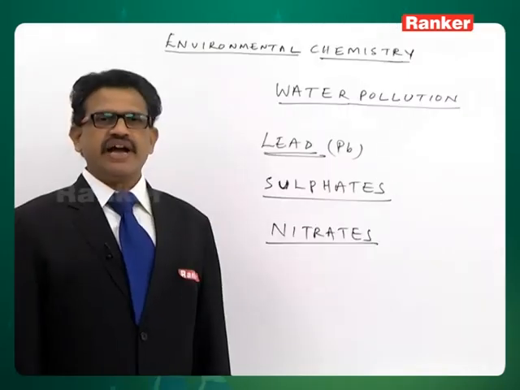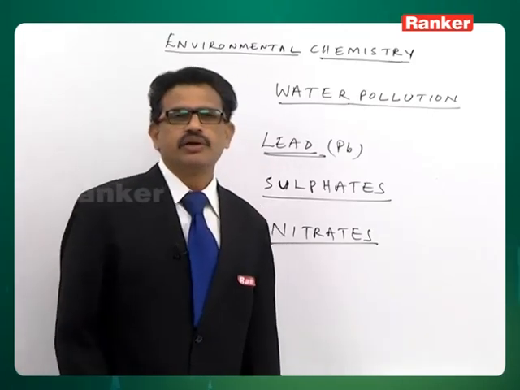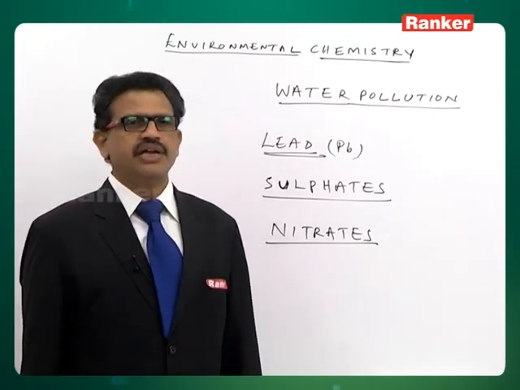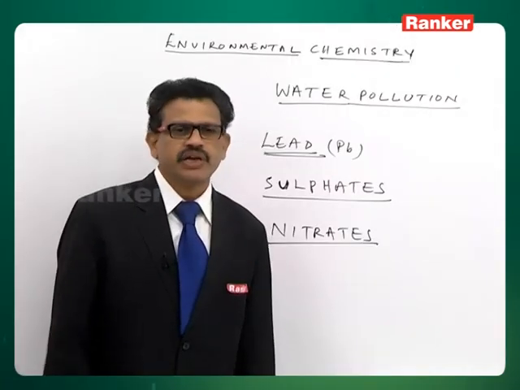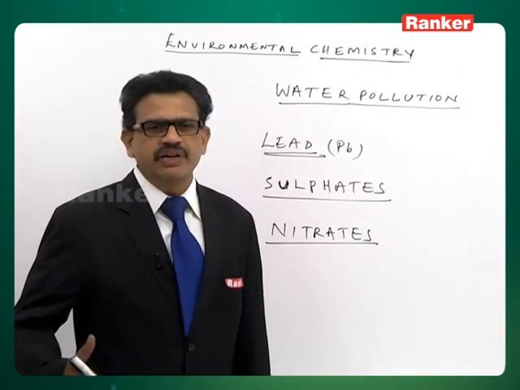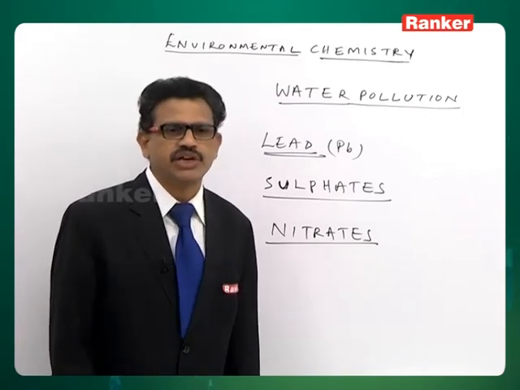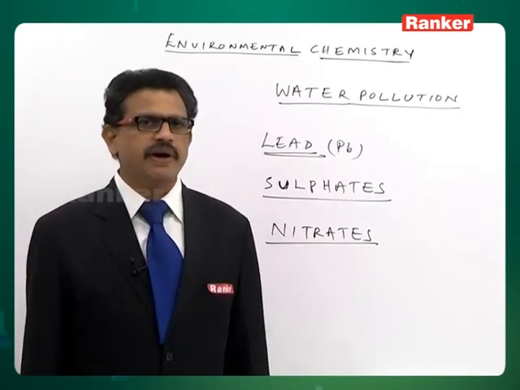Nitrates. If nitrates are present in the drinking water at high levels, they may cause problems in the human system. The maximum upper limit for nitrate ion concentration in the drinking water is only 50 parts per million.